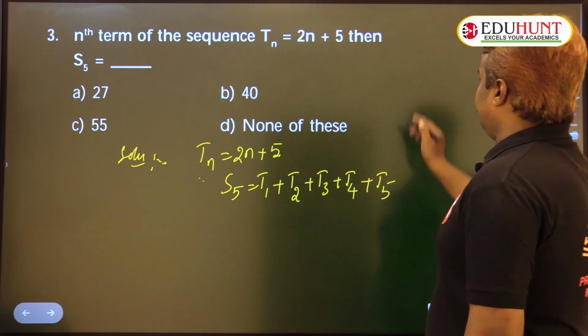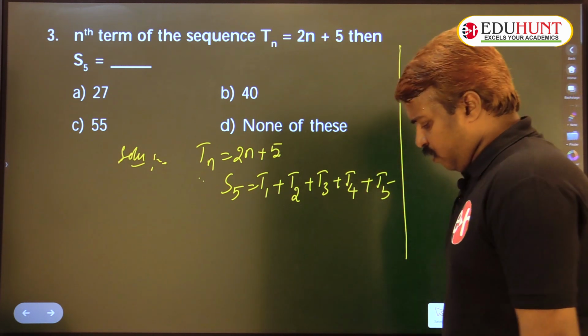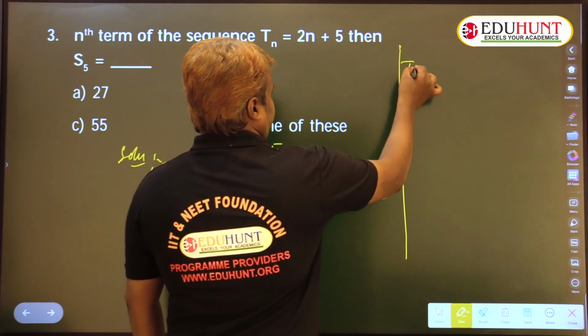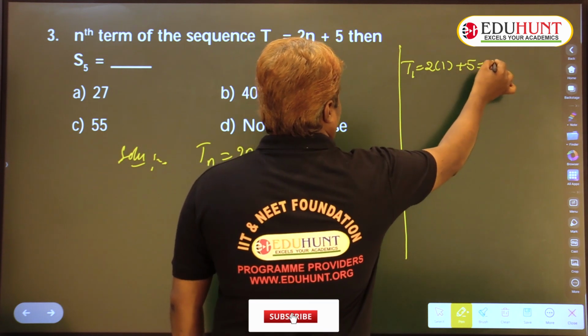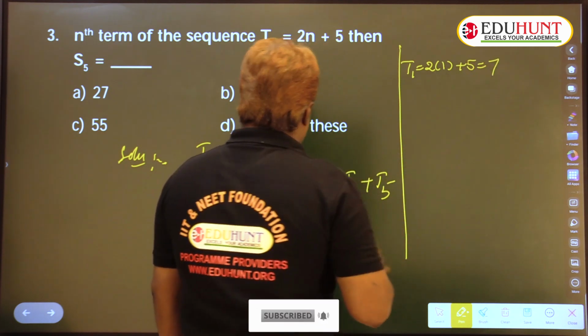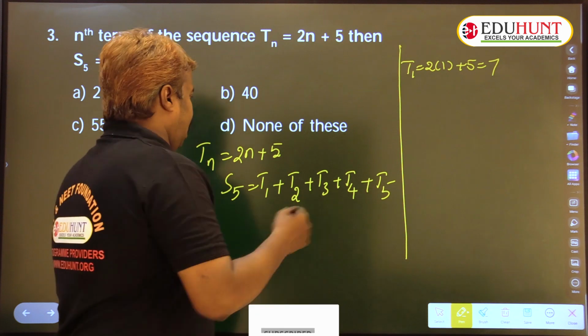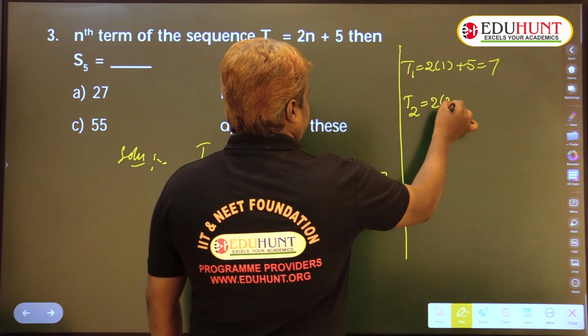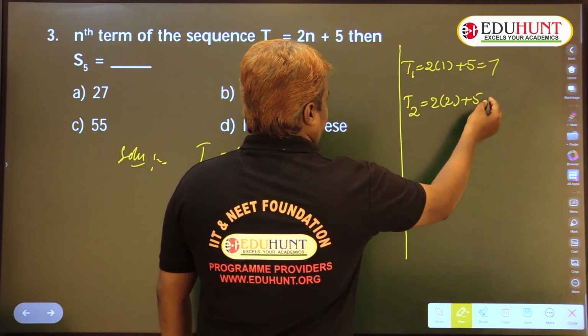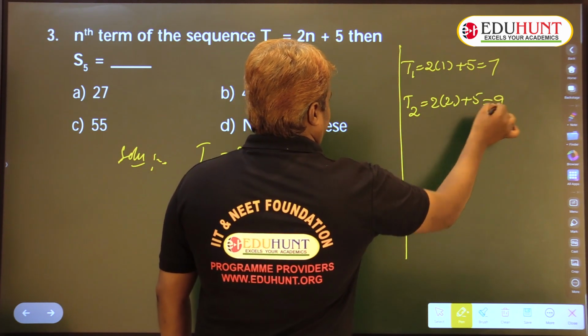I want to find out T1, T2, T3. What about T1? T1 is 2 into 1 plus 5, children. 2 plus 5 is 7. Now T2: 2 into 2 plus 5, that is 4 plus 5, which is 9.